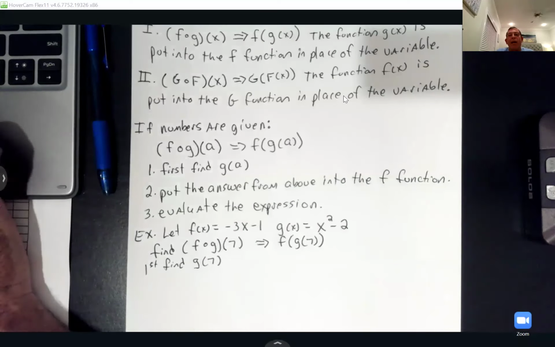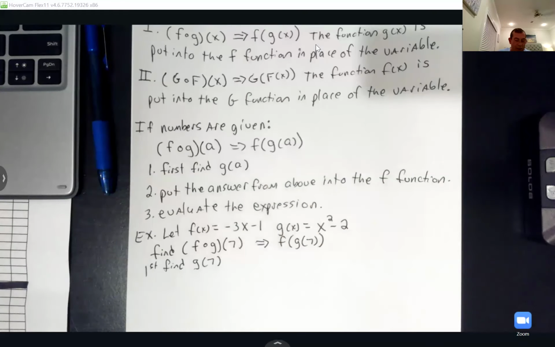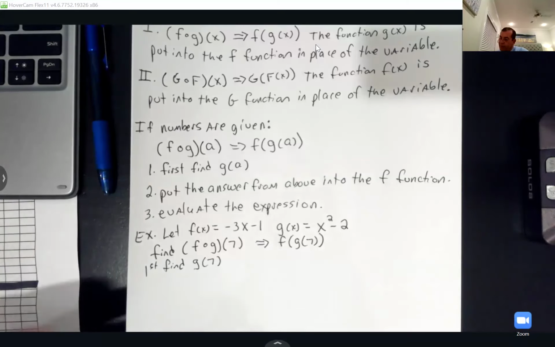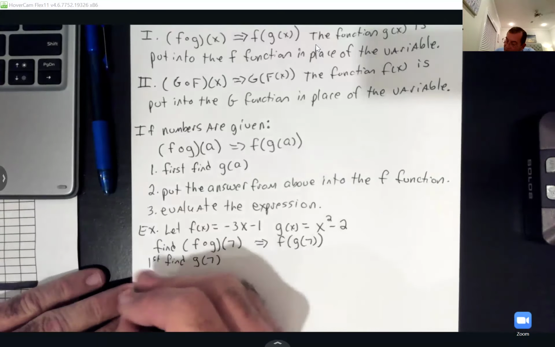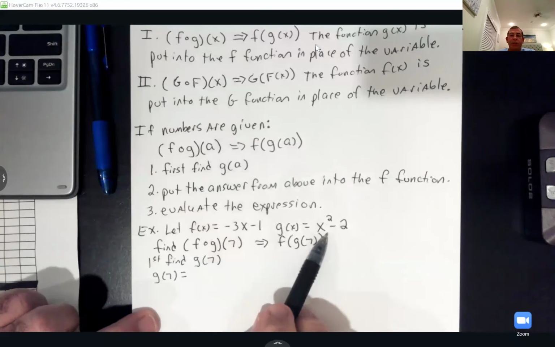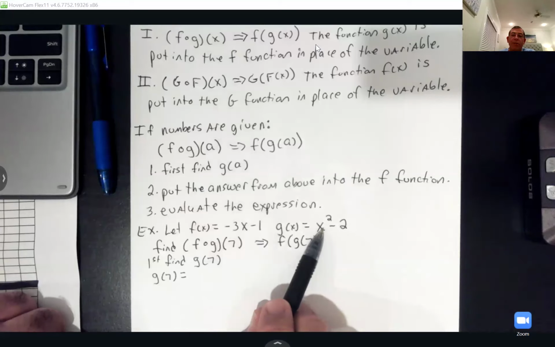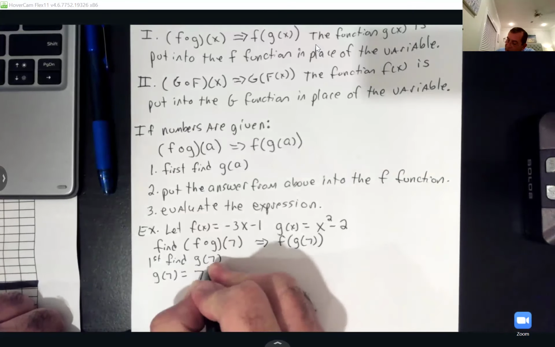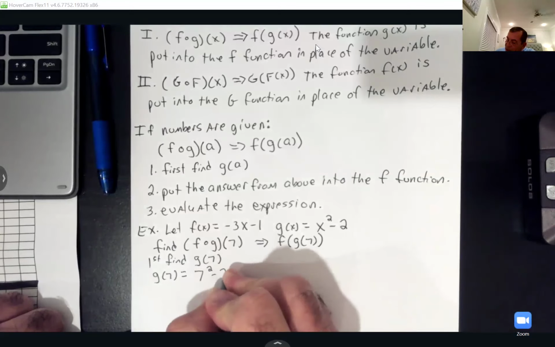Once we find g of 7, we'll put that into our f equation. All right, y'all, so g of 7 will equal our g equation, and we're going to put a 7 in for that x. So that's going to give us 7 squared minus 2.